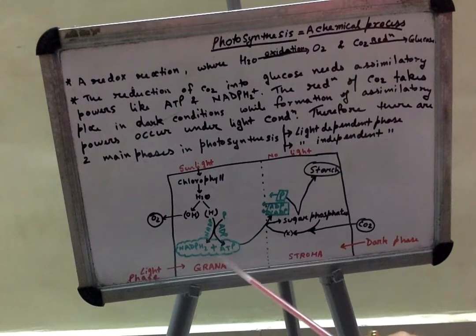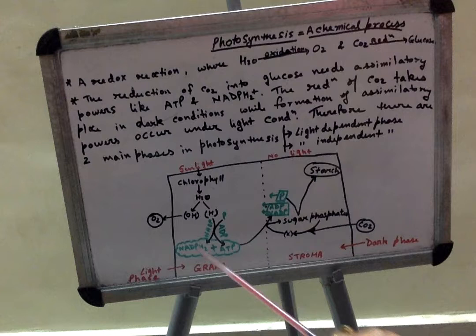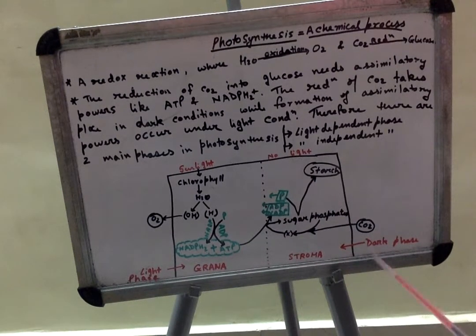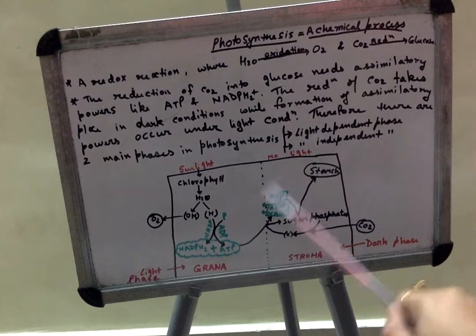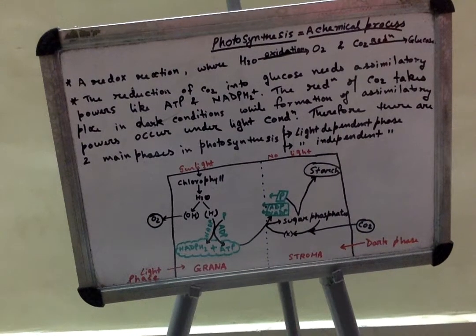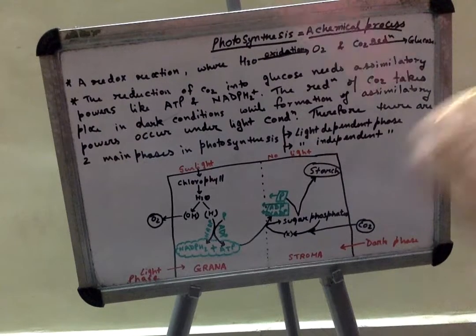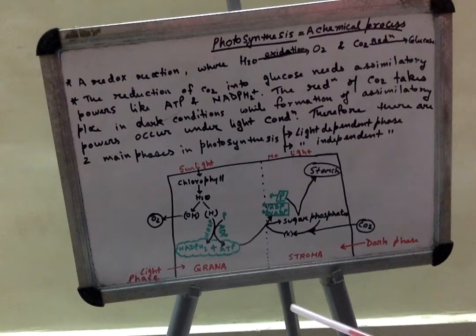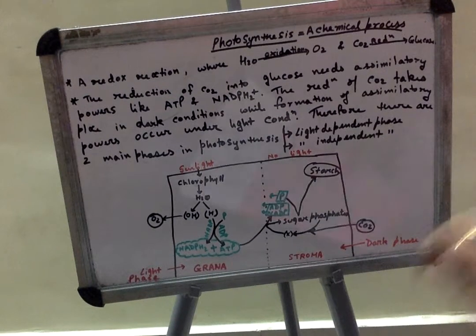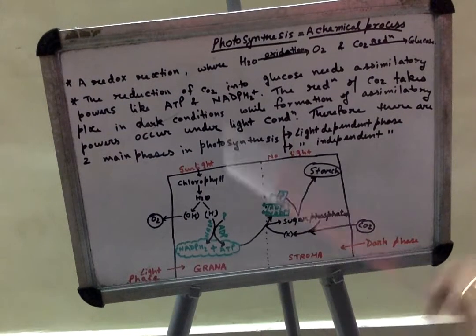That is, we get the two precursors of NADPH2+ and ATP in stroma during dark reaction, and these two will migrate back into the grana region, and this process will carry on all day long.